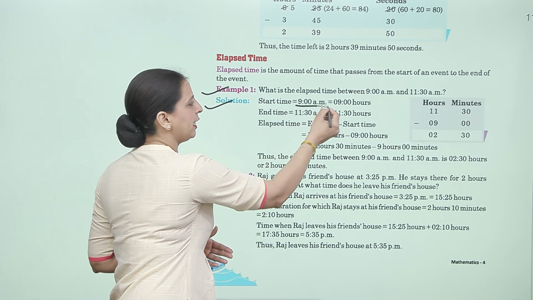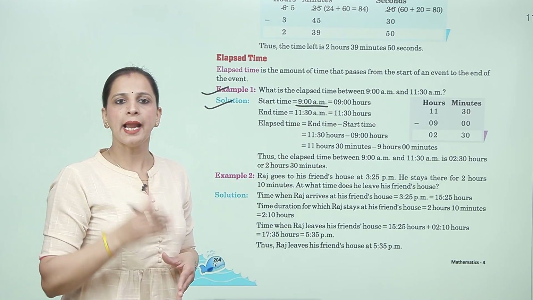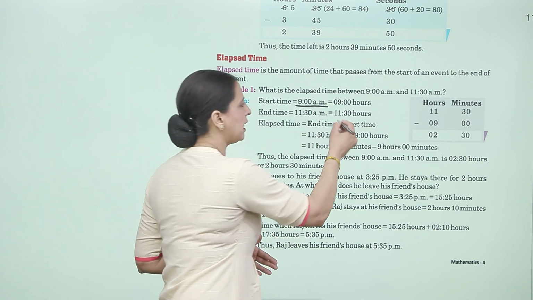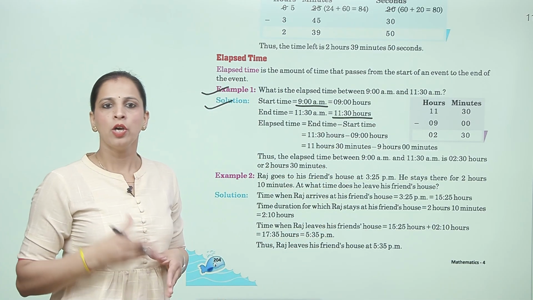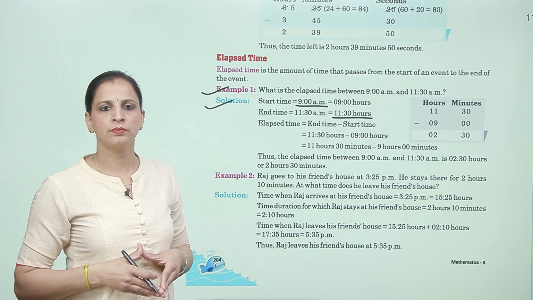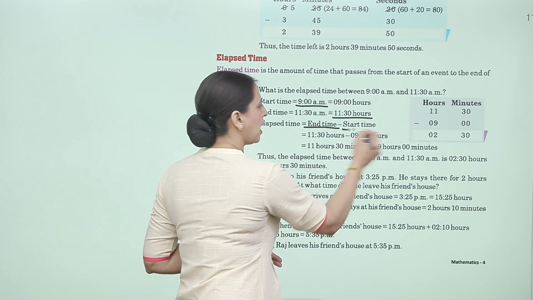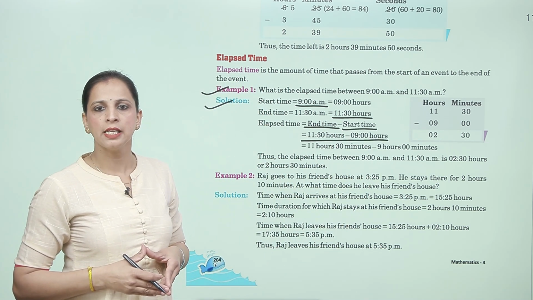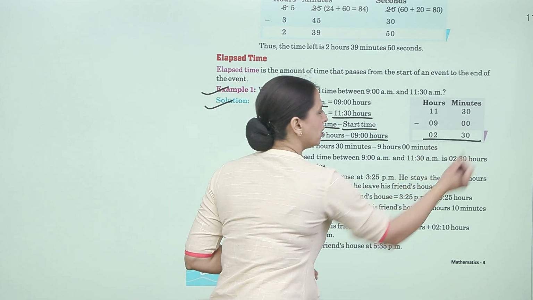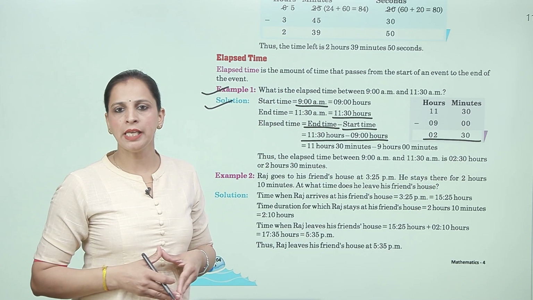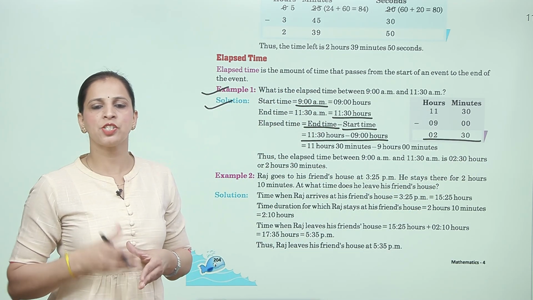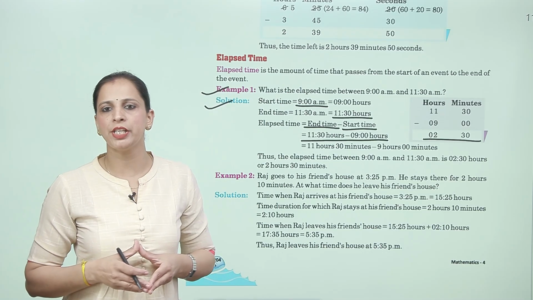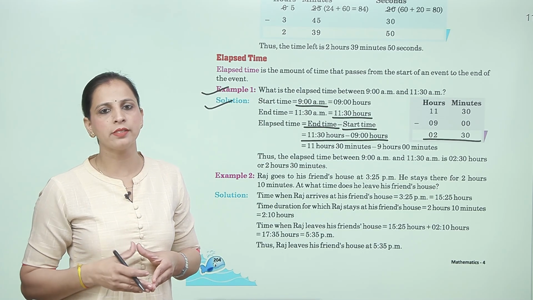Start time is 9 am, that is 9:00 hours, and end time is 11:30 am, that is 11:30 hours. Now elapsed time is end time minus start time, that is 11:30 hours minus 9:00 hours, when we subtract, it becomes 2:30 hours. Thus, the elapsed time between 9 am and 11:30 am is 2:30 hours or 2 hours 30 minutes.